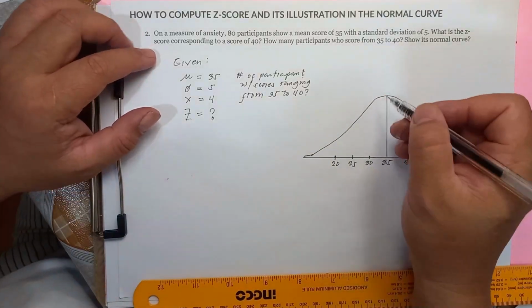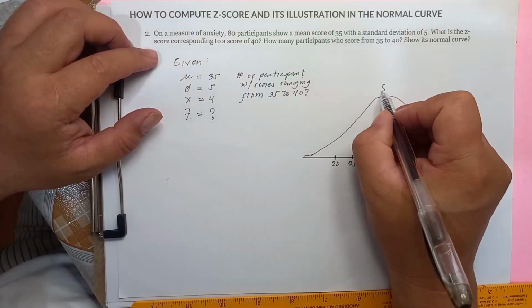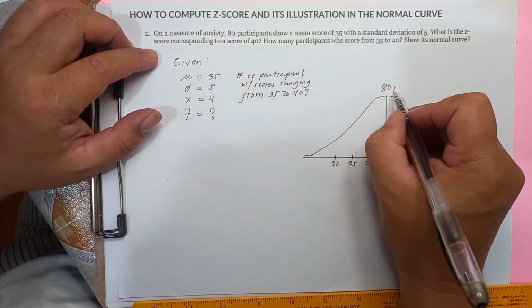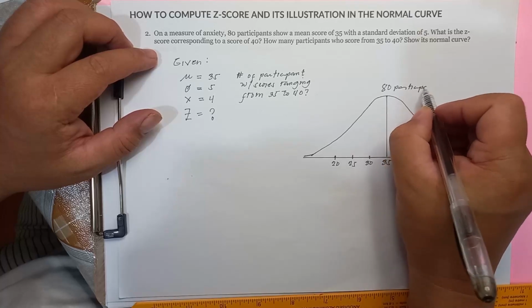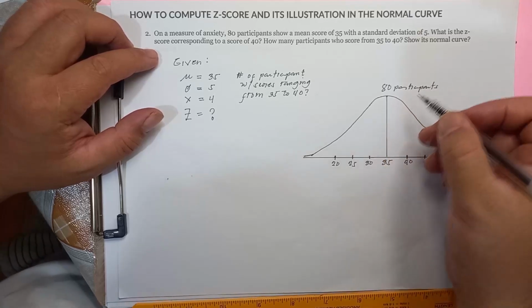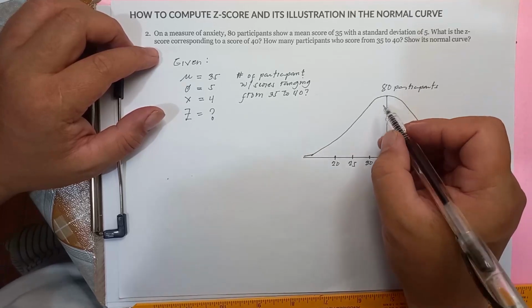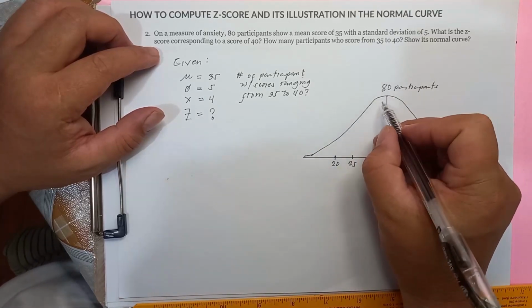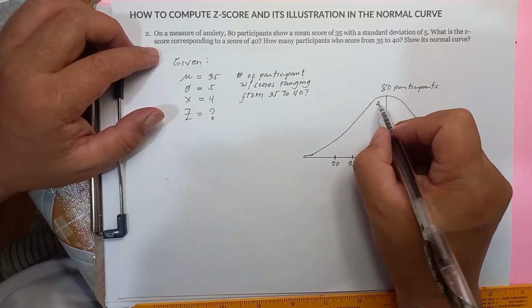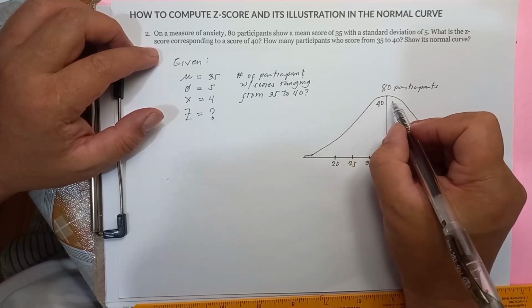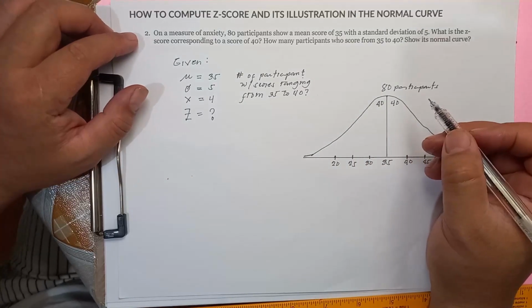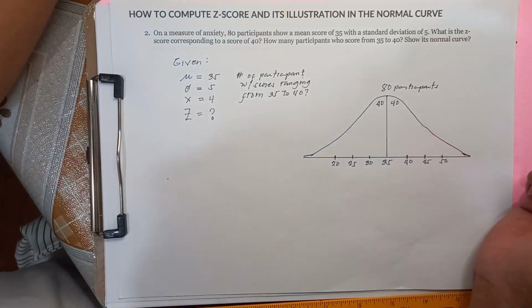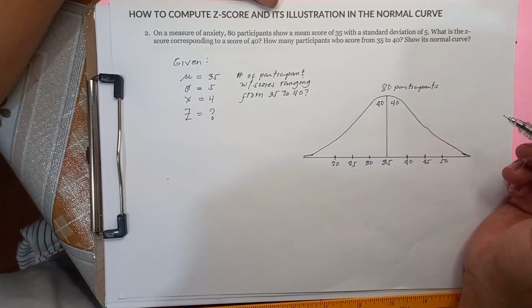Definitely, how many participants are there? There are 80 participants. With 80 participants, we expect that half of the curve is composed of 40, and the other half is 40, because of the property of the normal curve that it is symmetrical.